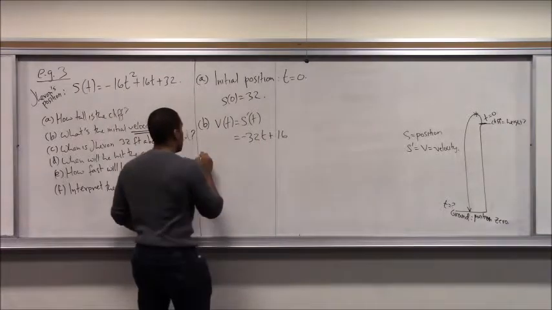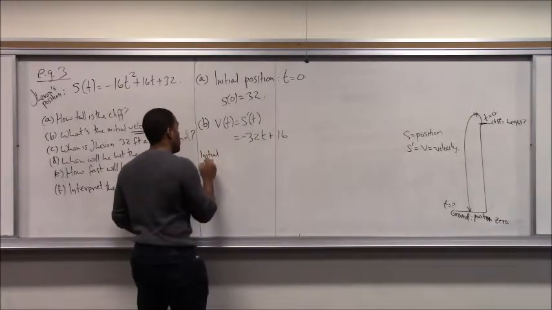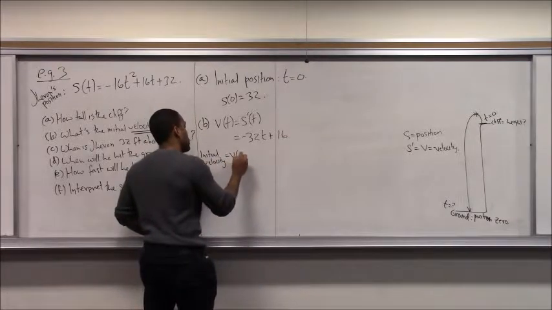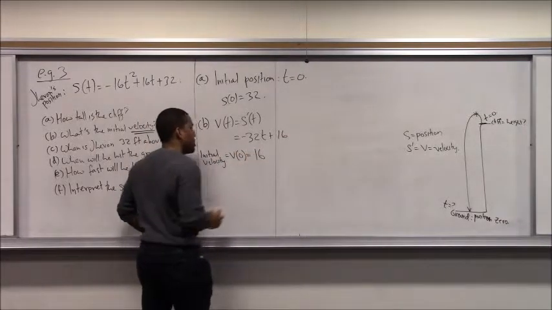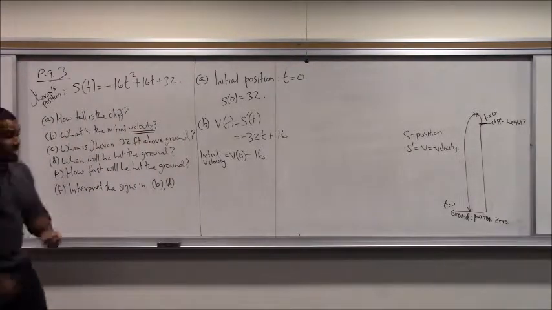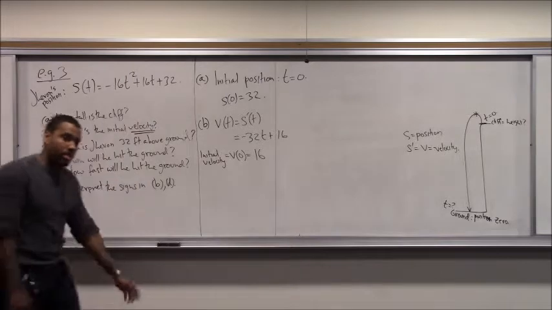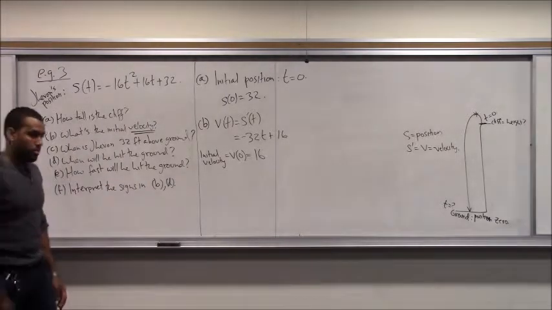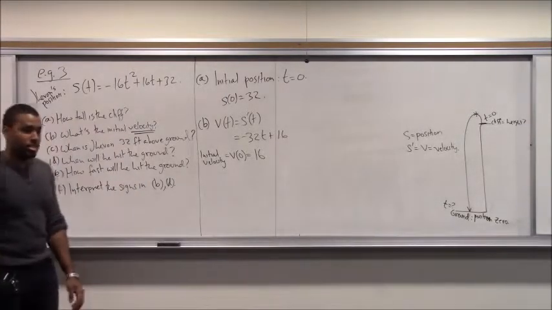And so now initial velocity, initial just means time equals 0. Initial velocity is just the velocity at 0, which in this case is 16. So in this particular scenario, they throw him off at 16 feet per second. That's really fast.